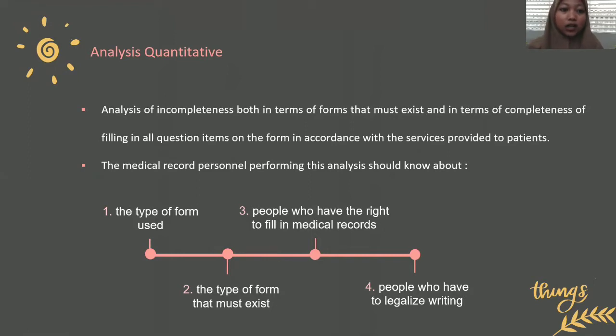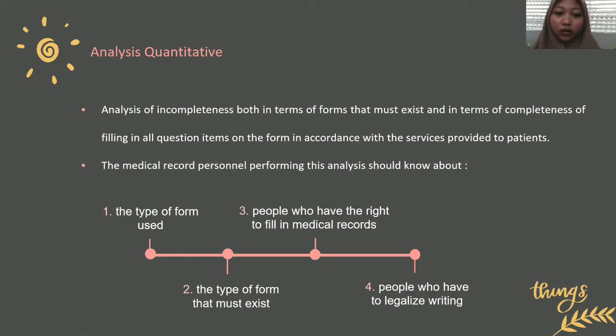In this point, analysis of incompleteness both in terms of forms that must exist and in terms of completeness of filling in all question items on the form in accordance with the services provided to patients.